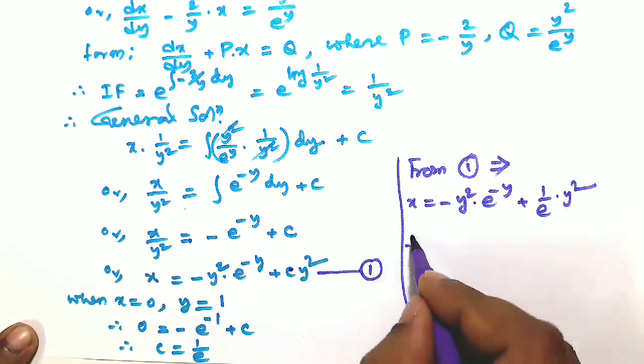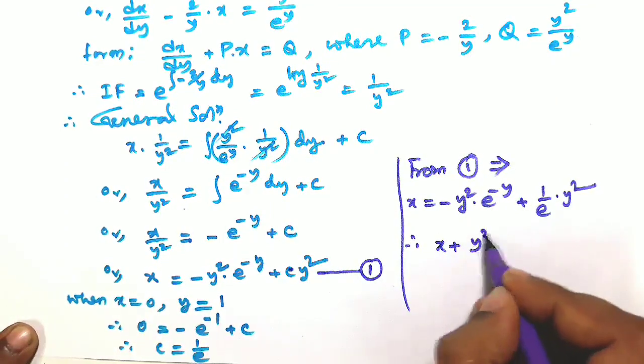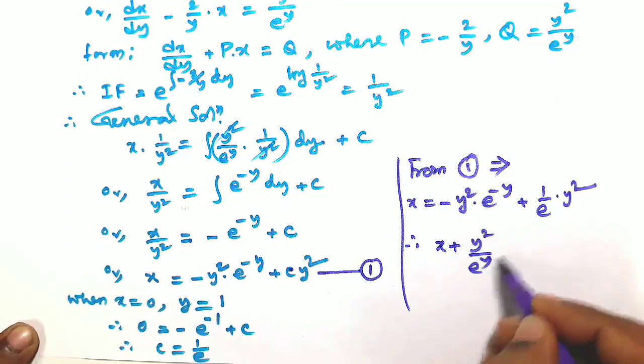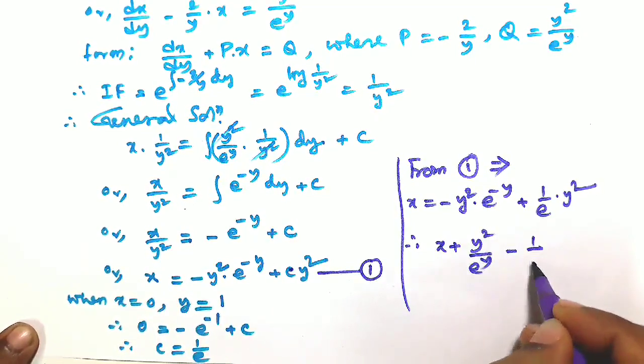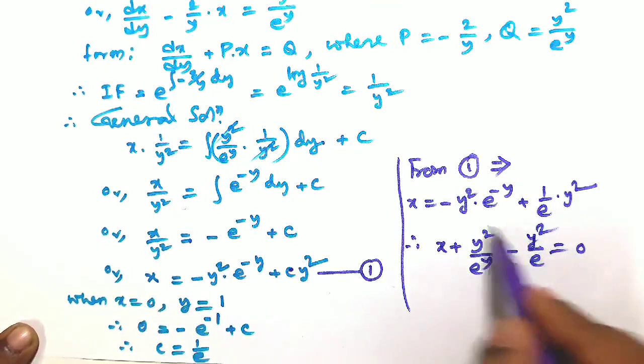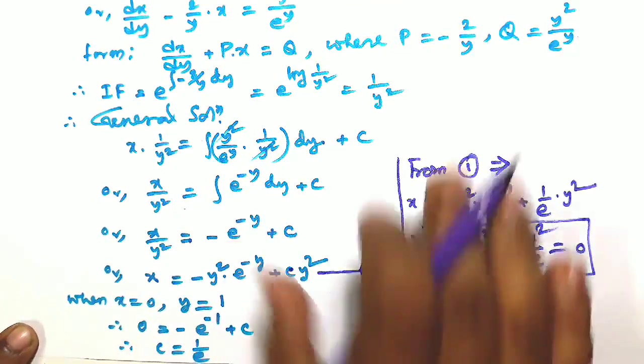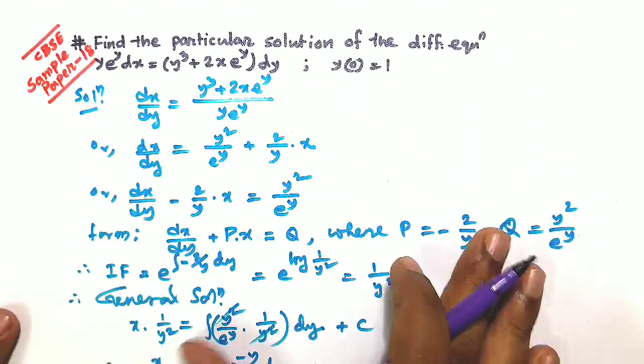Okay, so we can write x plus y square divided by e to the power y minus 1 upon e, y square is equal to 0. This is the particular solution of the given differential equation.